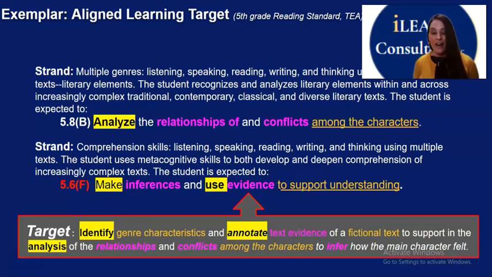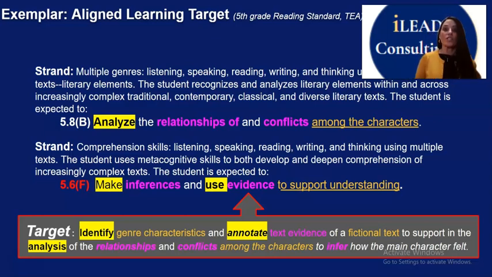I have analyze, I have annotate, I have identify. Have I pulled in conflicts, relationships, inference, and text evidence? I have. This would be an aligned learning target. I cannot create, or I would have extreme difficulty creating an aligned learning objective or learning target if I did not first unpack the standard.